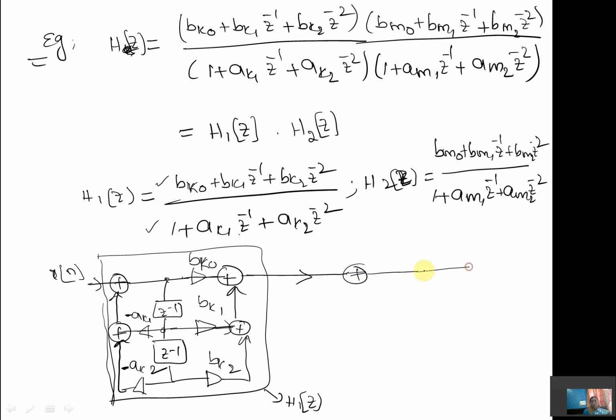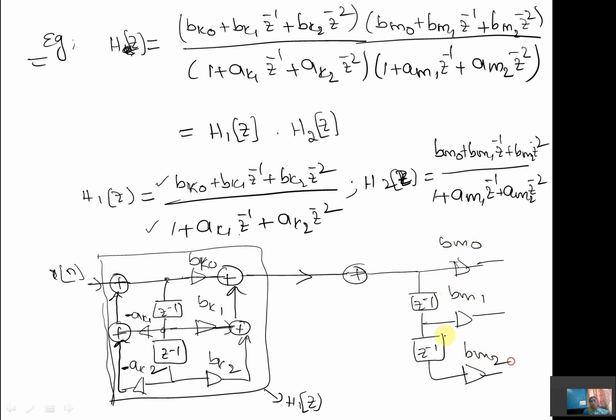That means firstly place delay units, z inverse, z inverse. Now place multipliers bm0, bm1, bm2. Here minus am1, minus am2, and then add all these values.